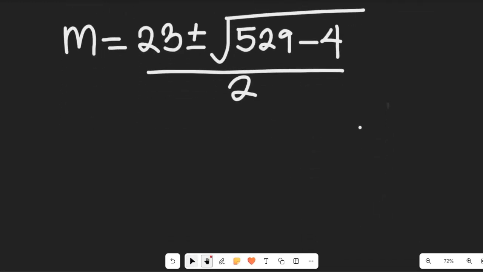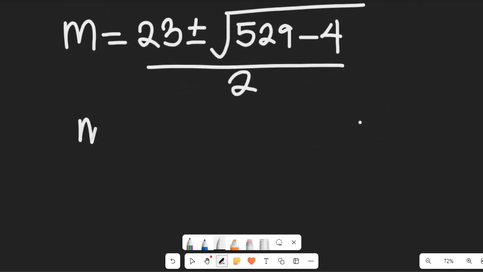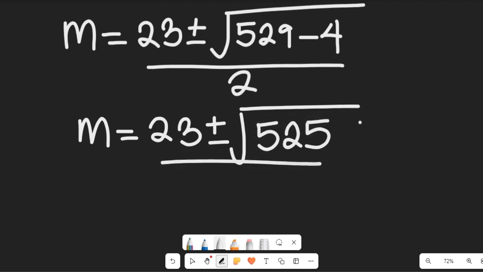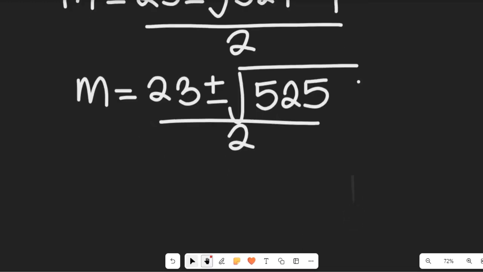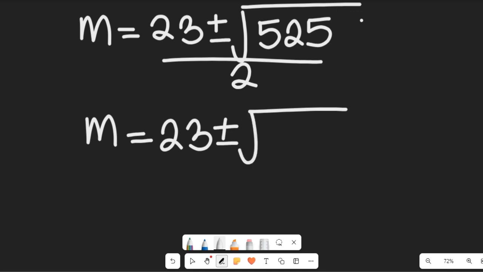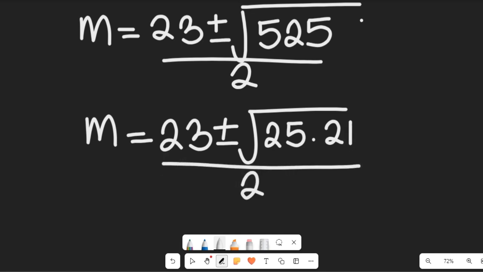So in the next step, we'll simplify, and our m will be equal to 23 plus or minus the square root of 525, and all of these will be divided by 2. From the next step, our m will be equal to 23 plus or minus the square root of, this is going to give me a factor 25 multiplied by 21, right? And all of these will be divided by 2.